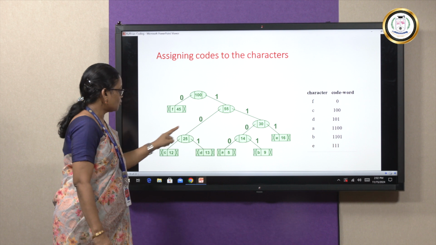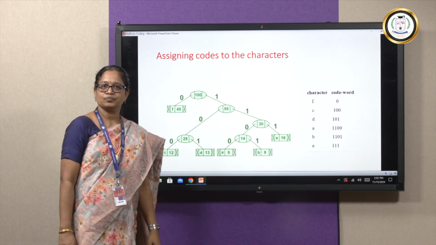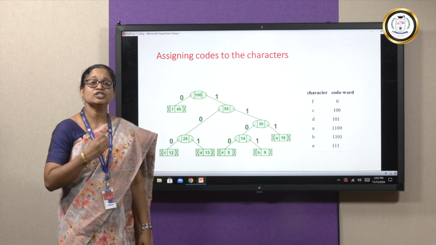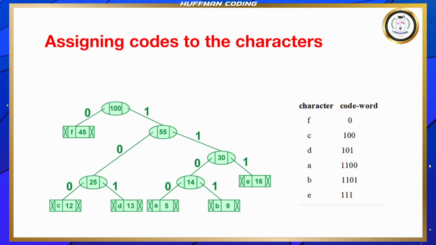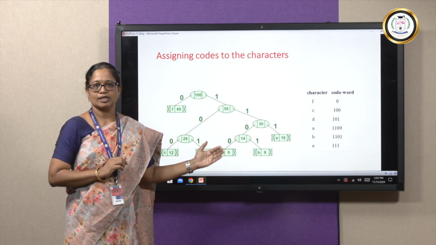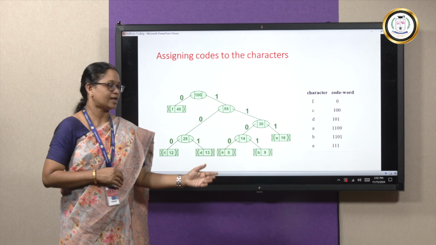So 100 is the code word for C. So likewise, we have assigned the code words for each and every input character, and we find that the minimum code word will always be nearer to the root node and the lengthier code words will be nearer to the leaf node. So thus we have assigned the code words to the characters. The Huffman codes are assigned to the given characters.